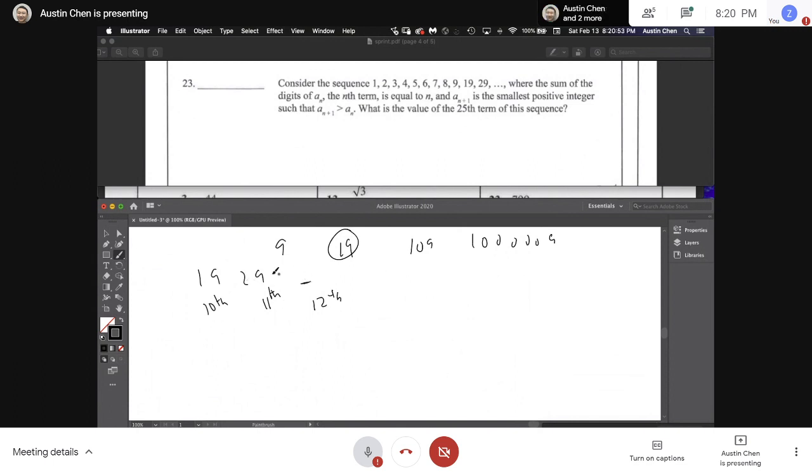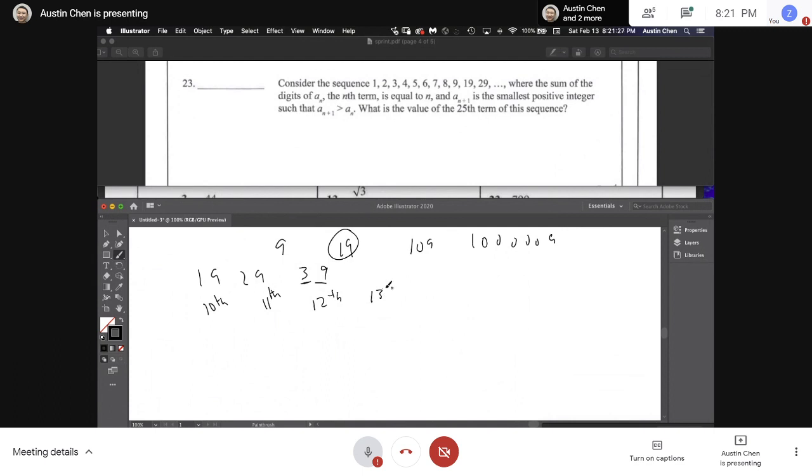Now we want it to be as small as possible, so why don't we try using a tens digit of 3? Well, if we use a tens digit of 3, and the digits have to sum to 12, then our units digit has to be 9. So from that, we know that our 12th term is 39.